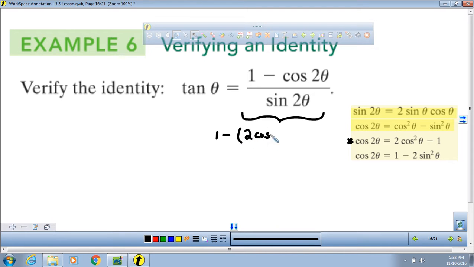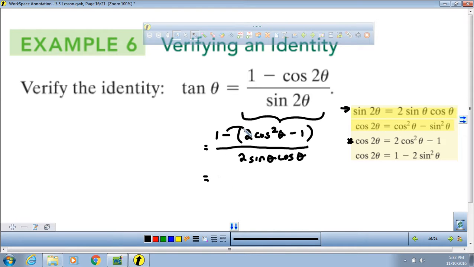So cosine of 2 theta is the same thing as 2 cosine square of theta minus 1 over. Now let's do the same thing for the sine of 2 theta. The formula is right here: it is the same as 2 sine theta cosine theta. Doesn't matter which one is first. Let's continue simplifying this, and we need to make it equal to tangent of theta.